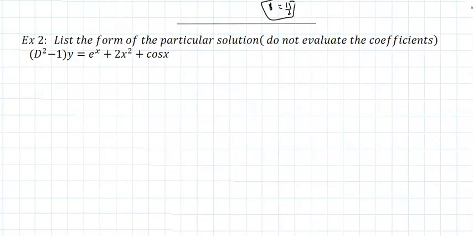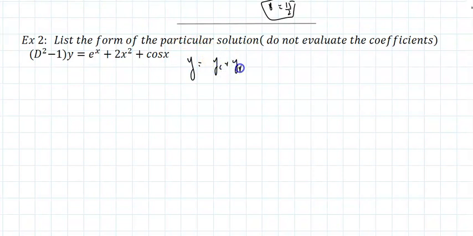Okay, example 2, list the form of the particular solution, do not evaluate the coefficients. Alright, so we know y is going to equal the complementary plus the particular. Well, the complementary, let's start with that. Set that equal to 0. So we have d equal plus or minus 1. So we have c1 e to the x plus c sub 2 e to the negative x.